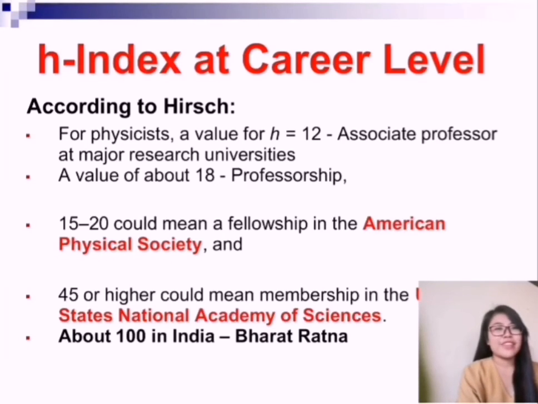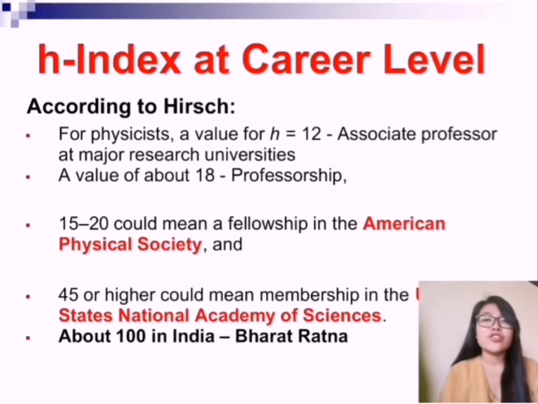And now we have the H-index at career level. According to Hirsch, for physicists, an H value of 12 would be an associate professor at major research universities. So you have to have an H-index of 12 to become an associate professor. A value of about 18 is for a professorship.